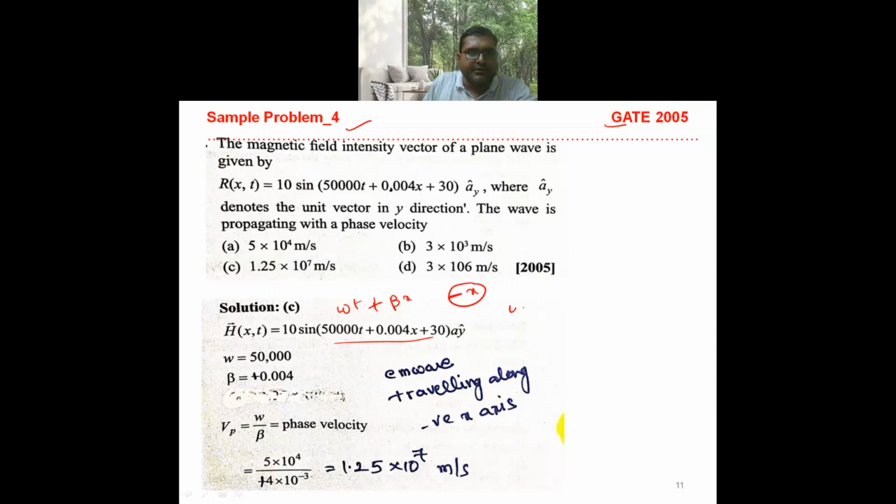The omega value is given, and the beta value is 0.004. Substitute in the phase velocity formula to get the value of phase velocity. You can observe the electromagnetic wave traveling in negative x axis.